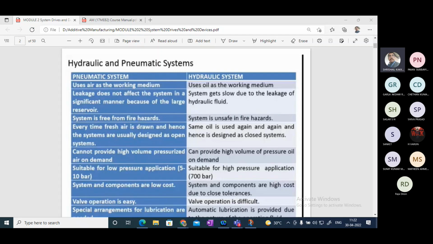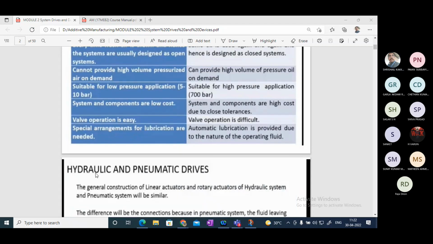Okay, and valve operation is easier in the case of pneumatic systems, and it will be difficult in the case of hydraulic systems, because, from the practical view, you can understand the valve operation is quite difficult. Manually it is not possible to operate them. And a specific arrangement for lubrication is needed.